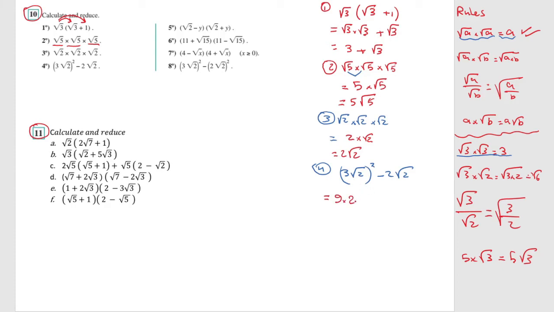Again, this is a rule we took before, that radical 2 squared gives 2. Okay. Minus 2 radical 2, 9 times 2 is 18 minus 2 radical 2. Done. That's it. Okay.